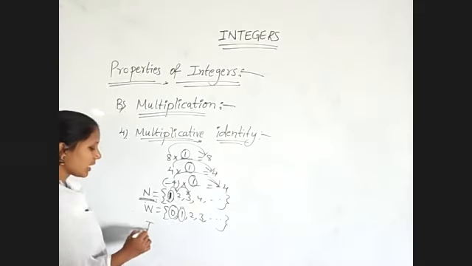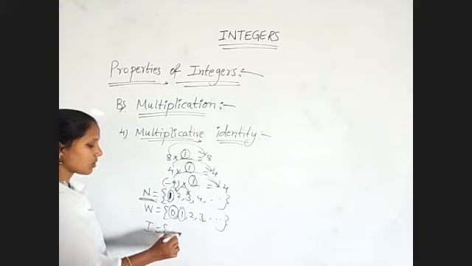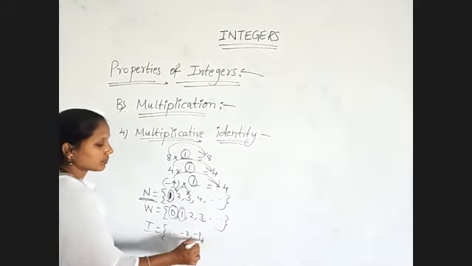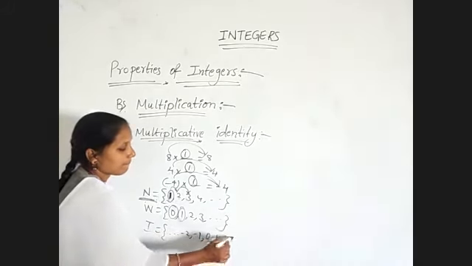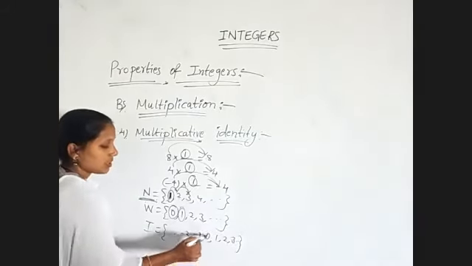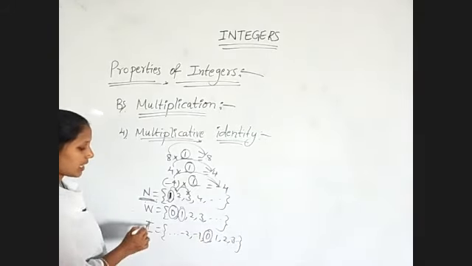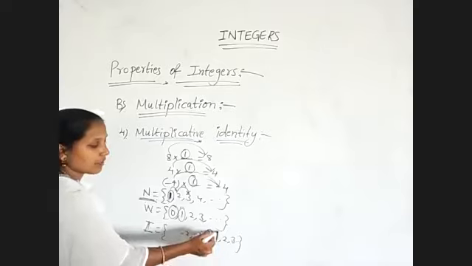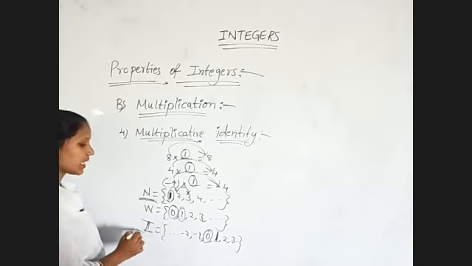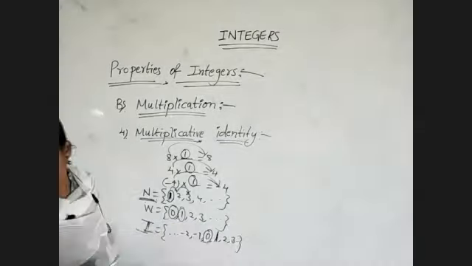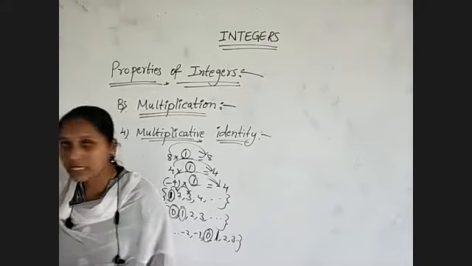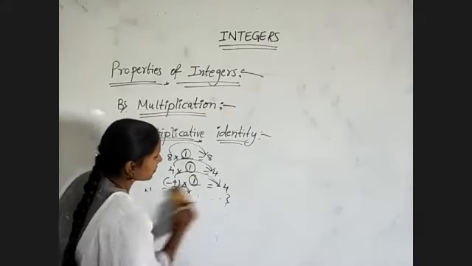And coming to the integers, here we have all those numbers. The additive identity of integers is 0 and the multiplicative identity of integers is 1. So that's all. Here the statement is given in this way.